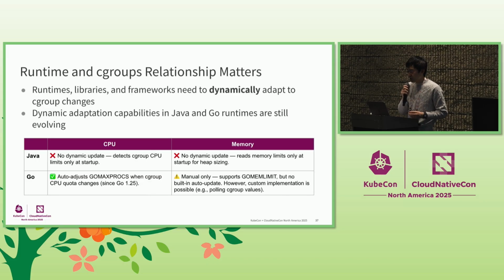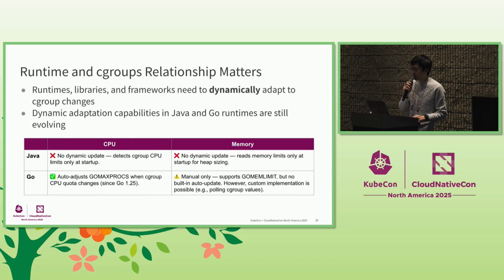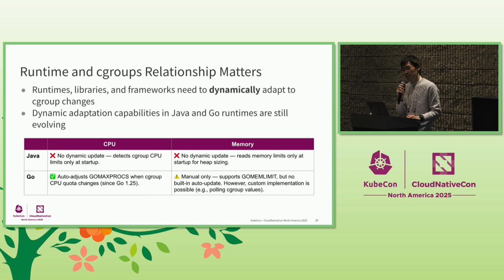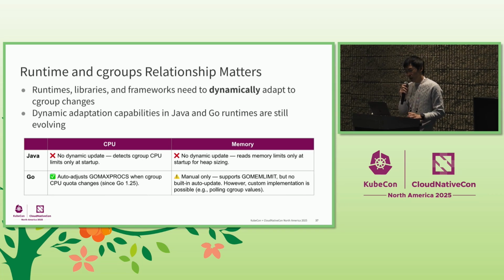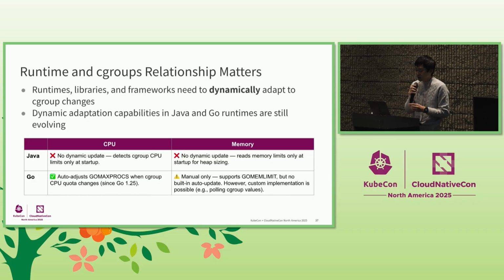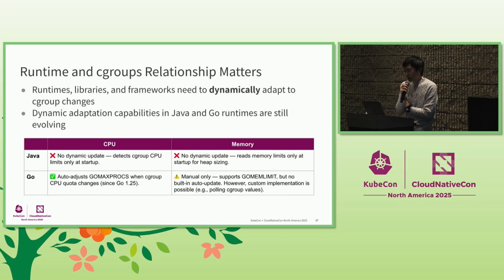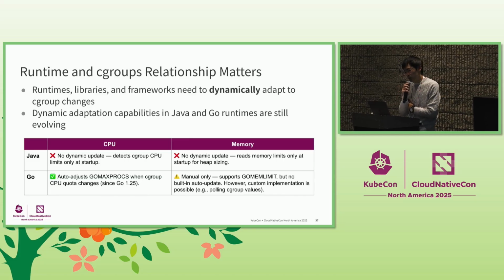From this perspective, it seems we are still in early stages. For example, Java currently cannot dynamically reflect cgroups changes. On the other hand, Go applications might be easier to adapt. This issue isn't limited to Java, of course. We'll need to wait for the broader ecosystem to catch up.